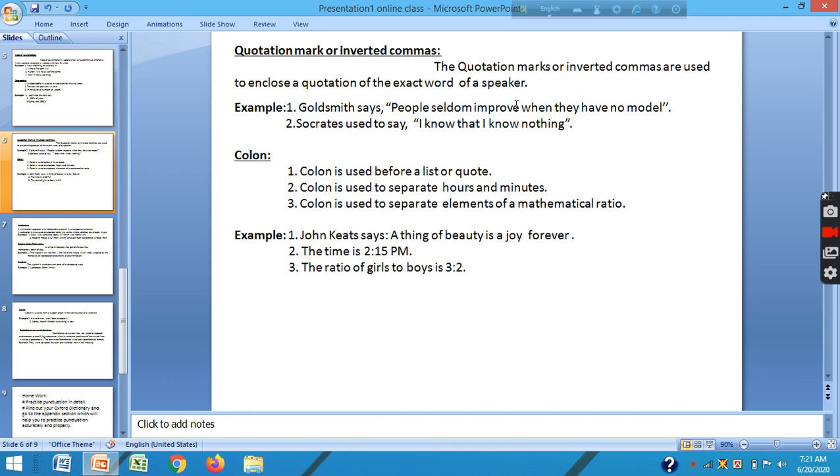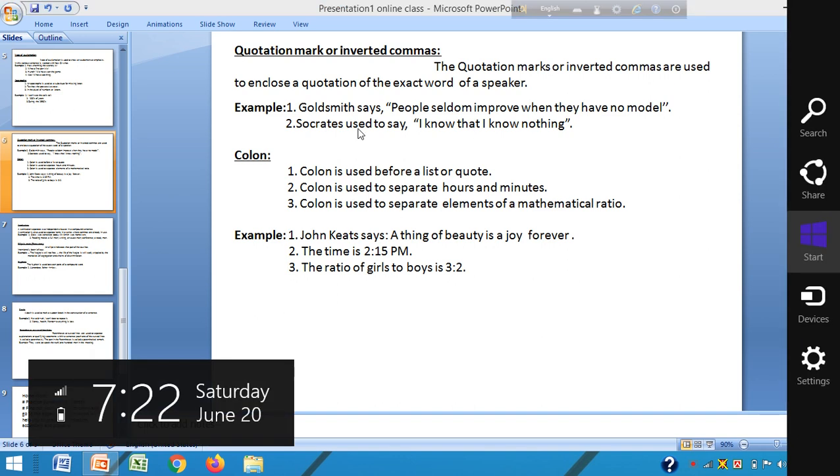Here, this speech of a speaker is enclosed by the quotation marks. Example number 2: Socrates used to say, "I know that I know nothing." Here, the exact speech of Socrates is enclosed by the quotation marks.